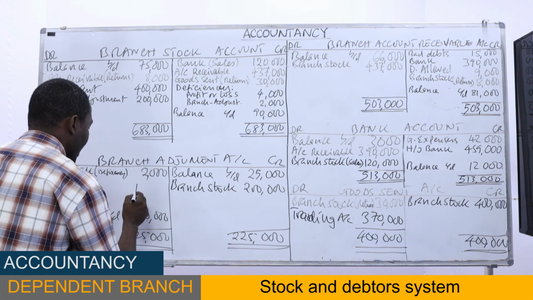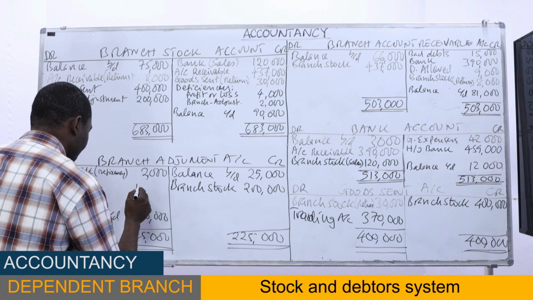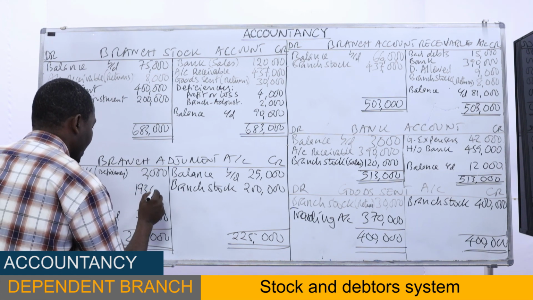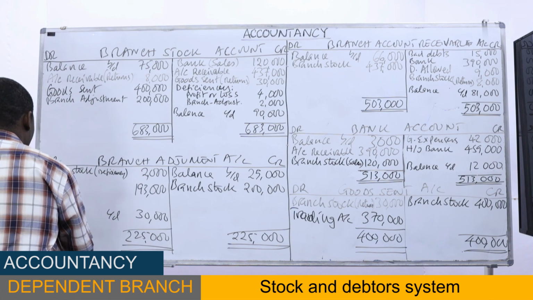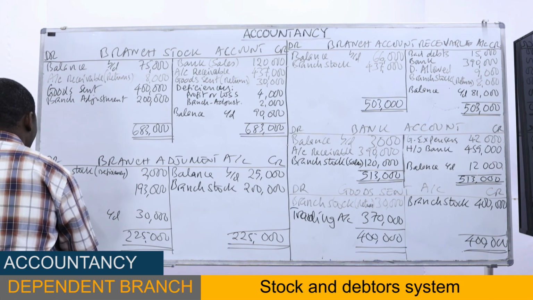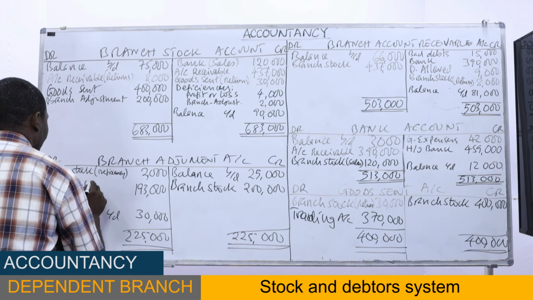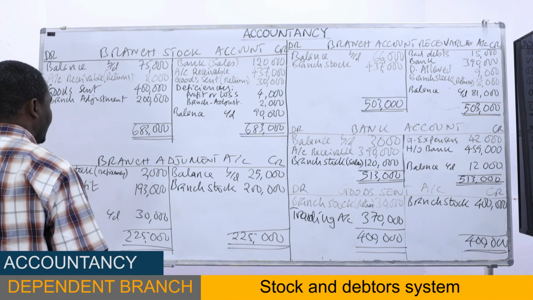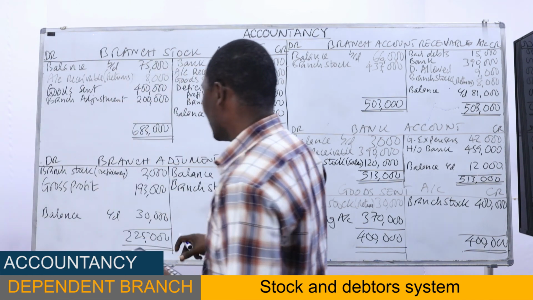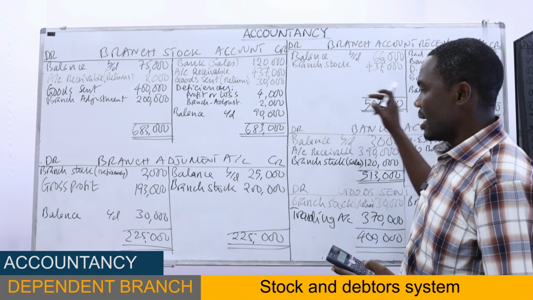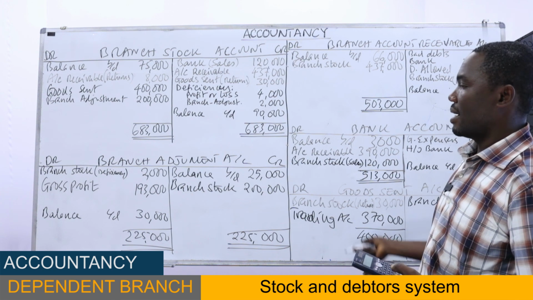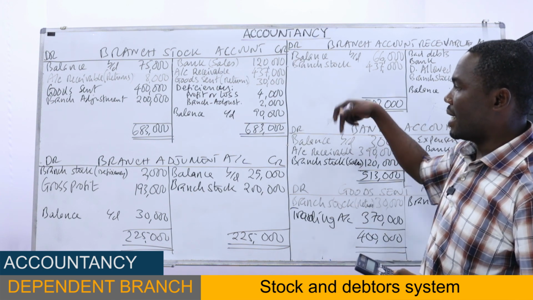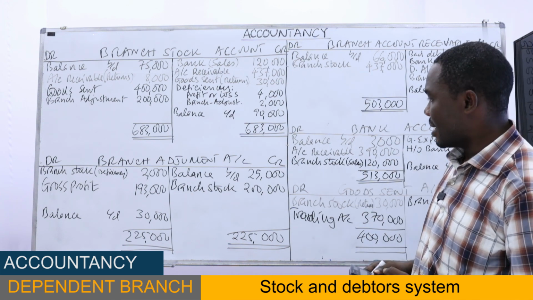Yes, we get 193. This will be our gross profit. So this will be transferred to profit or loss account, and then from there we are going to enter other expenses.